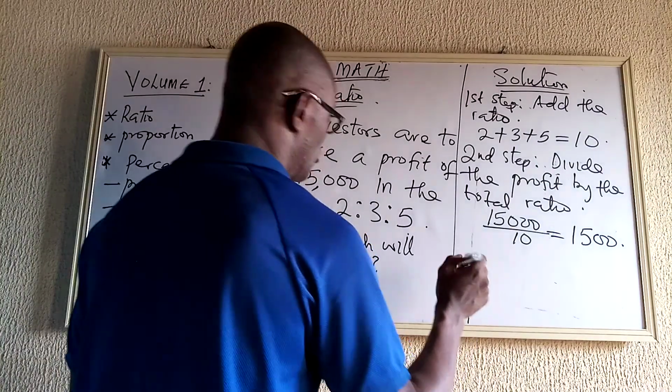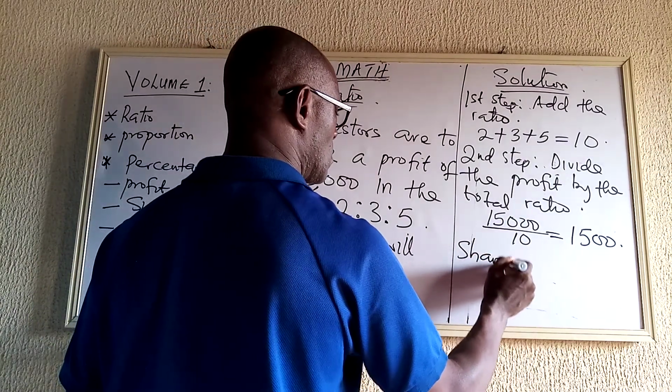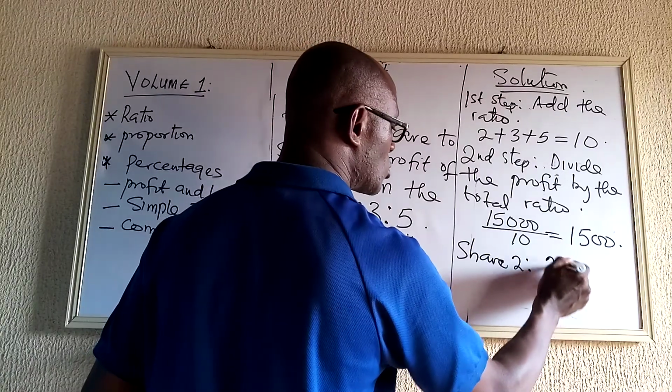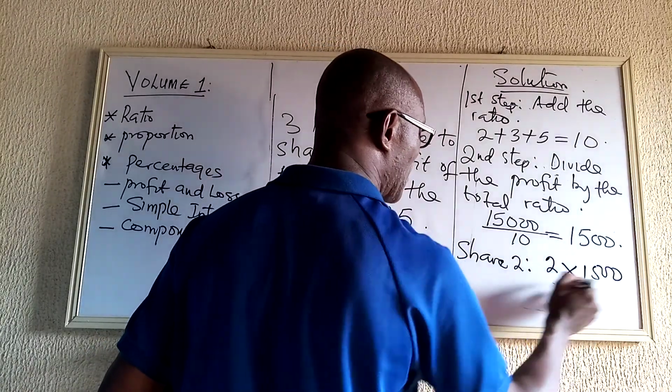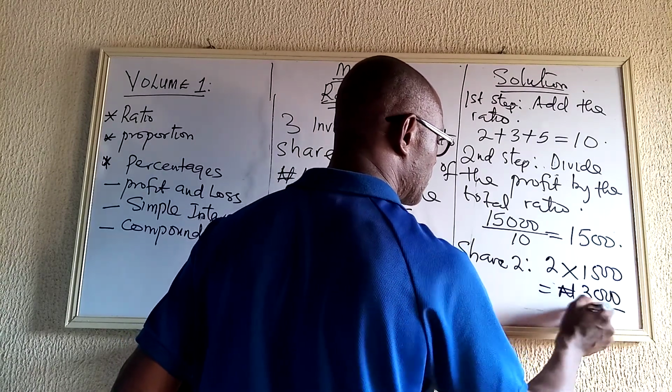So, ratio 2 or share 2, we now get 2 times 1,500. That will give us 3,000 naira.